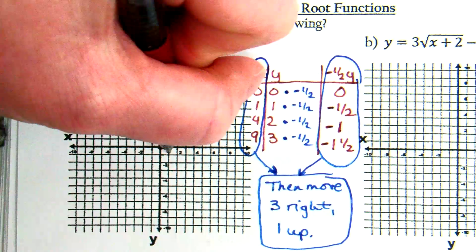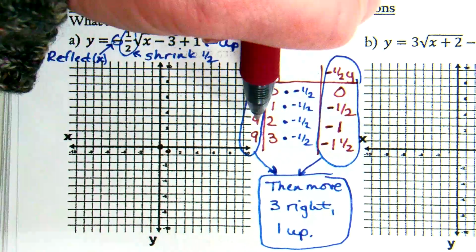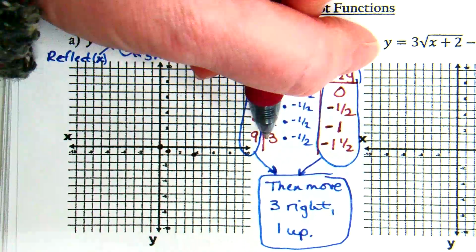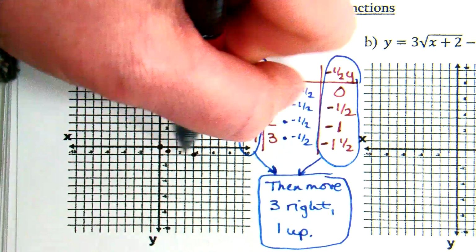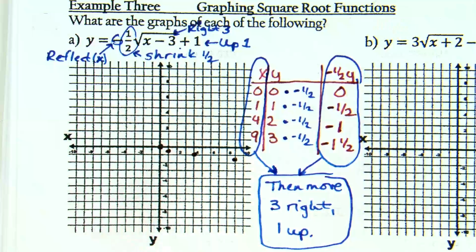Right 1, down 1/2. 4, 2 became 4, negative 1. So right 4, down 1. 9, 3 became 9, negative 1.5. So right 9, down 1.5. The down is the reflection, and then notice my y values are half of what they used to be.